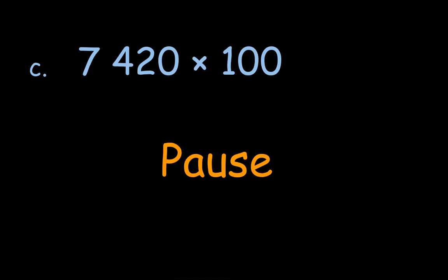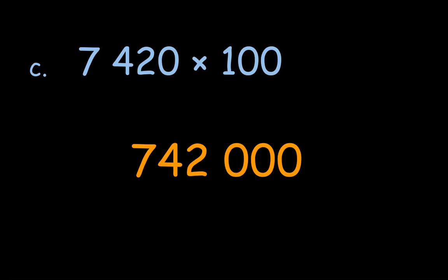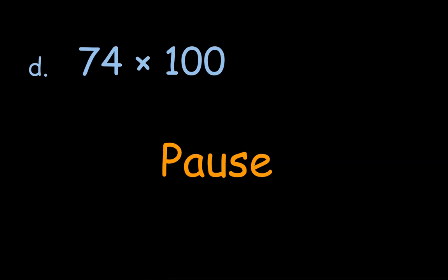7,420 times 100. Pause the video and when you're ready, resume. 742,000. And having that gap there is important, although it doesn't make your answer wrong. You can also have a comma in there. If you like using commas, do that. I prefer spaces. 74 times 100.